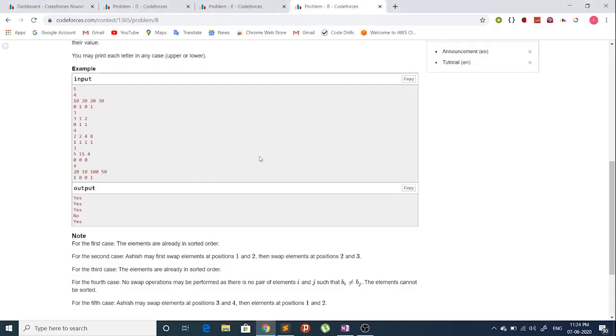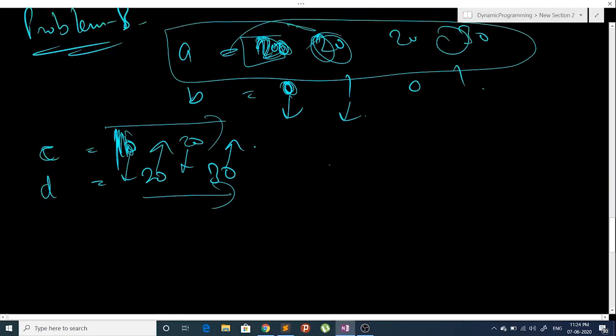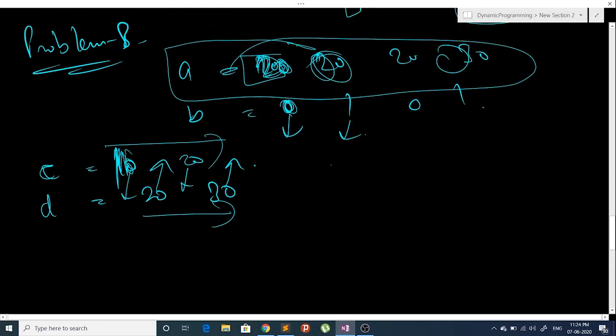So this was the solution, but there is some problem, guys. My final answer would be like this. I check in my arrays C and D whether they are both increasing; if they are both sorted, then my answer is yes.